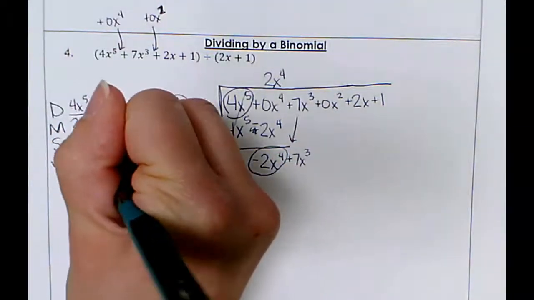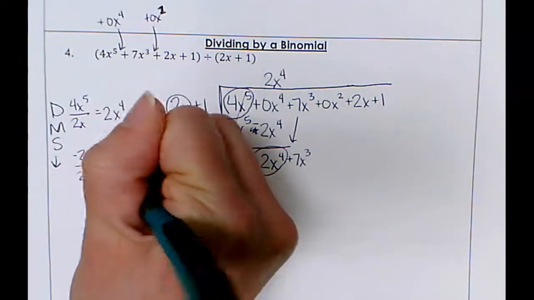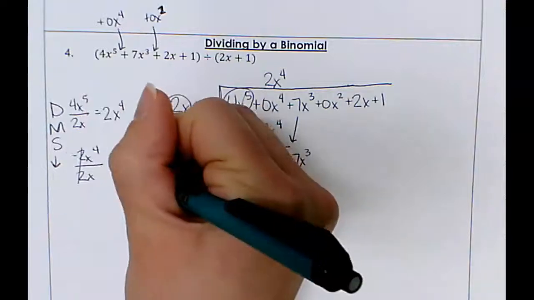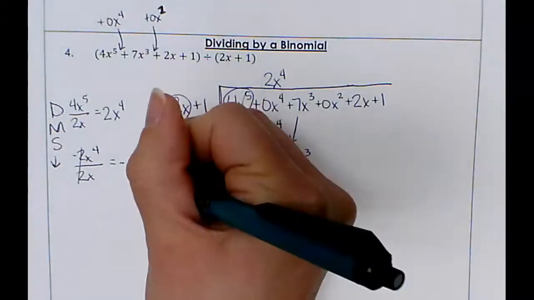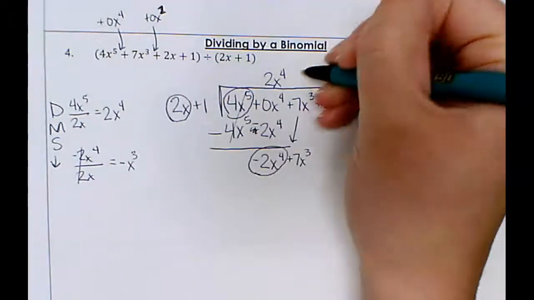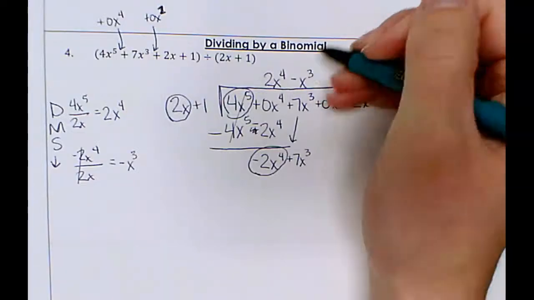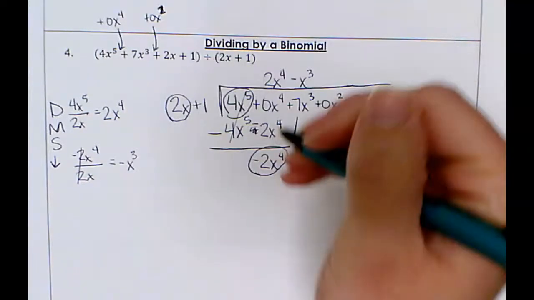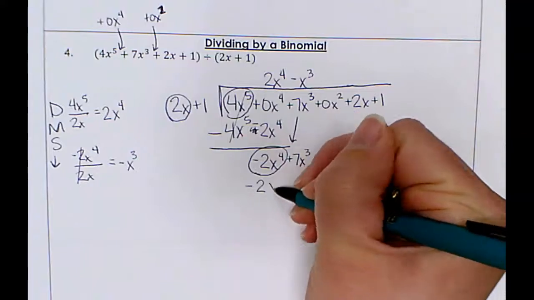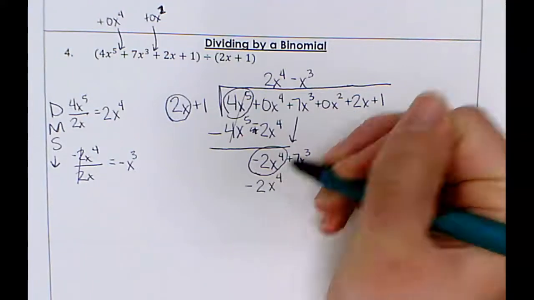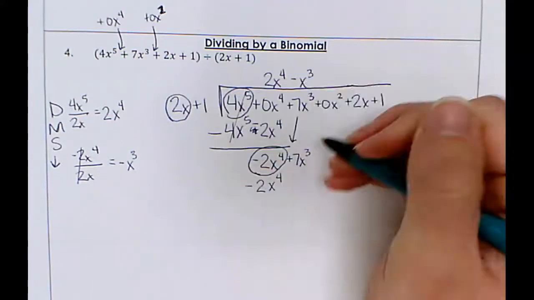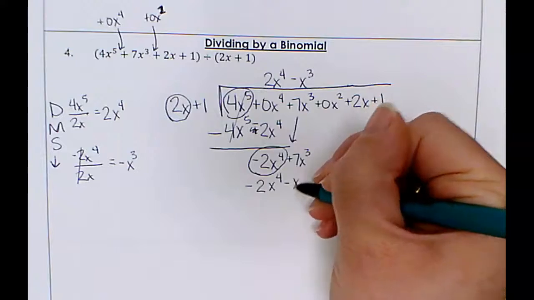Negative 2x to the 4th divided by 2x. The 2's cancel out, but you still have the negative. And then x cubed. So minus 1x cubed. I multiply. Negative x cubed times 2x is negative 2x to the 4th. And negative x cubed times 1 is negative x cubed.